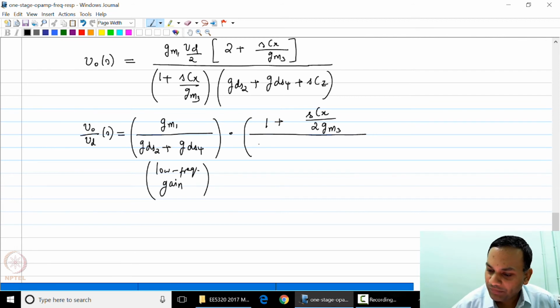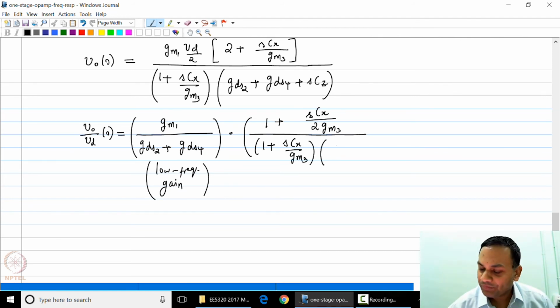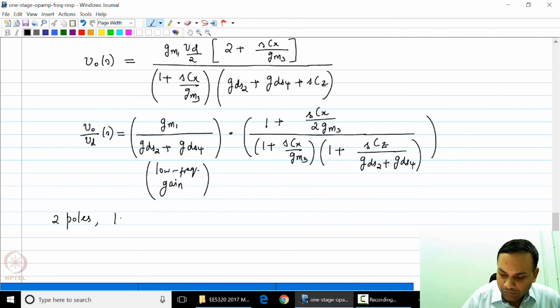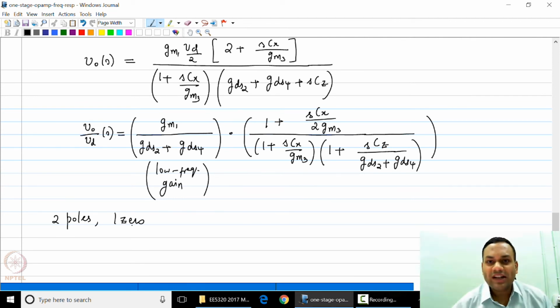The first pole is at GDS2 plus GDS4 over Cz, and the second pole is at GM3 over Cx. So the system has two poles and one zero.